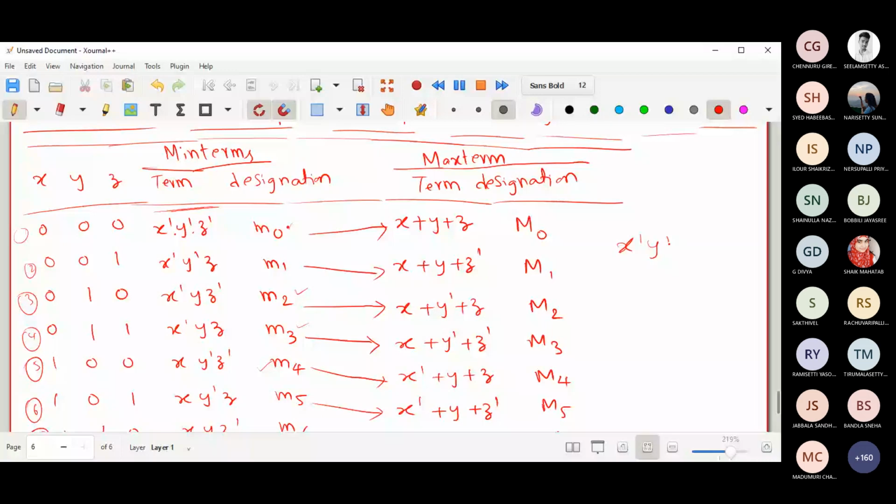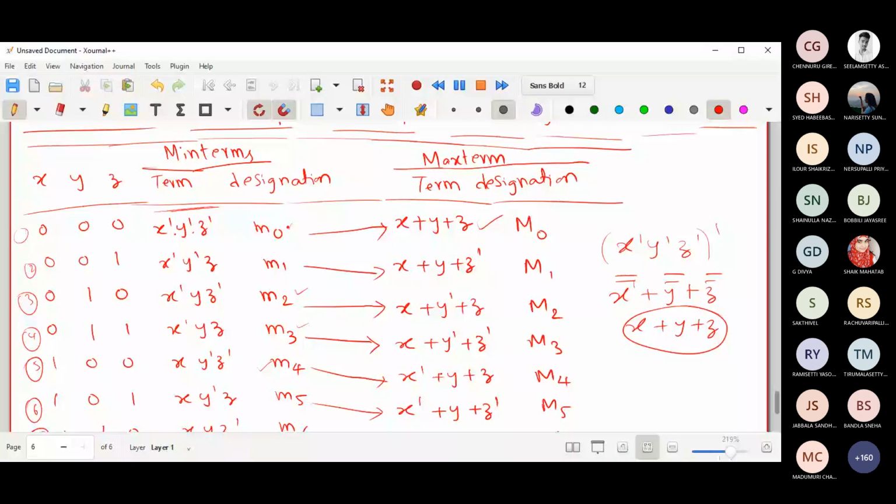Then you get x double bar plus y double bar plus z double bar, nothing but x plus y plus z. That I have written here, and that can be designated as M0.